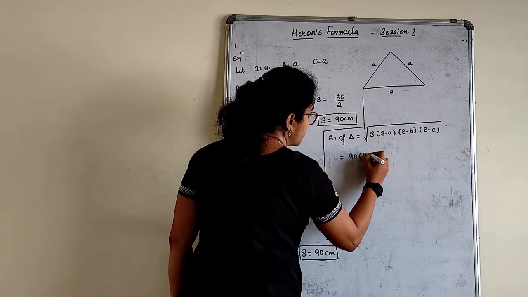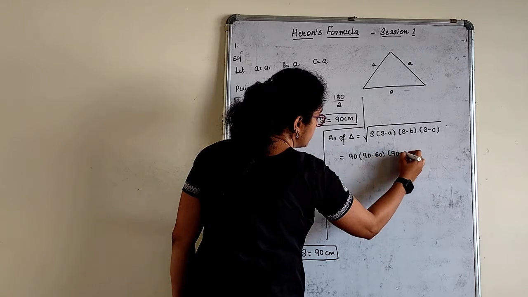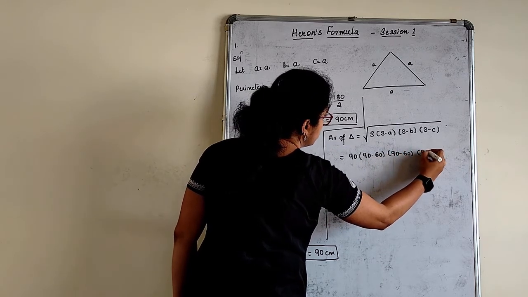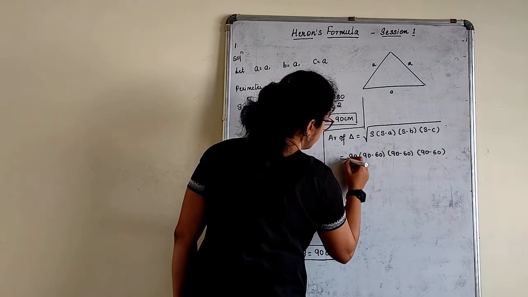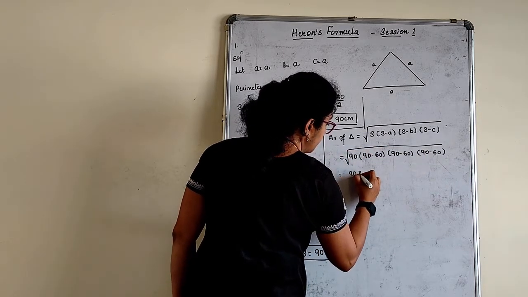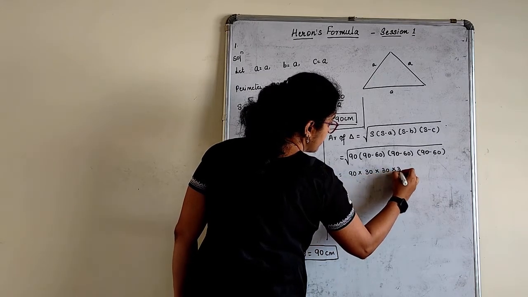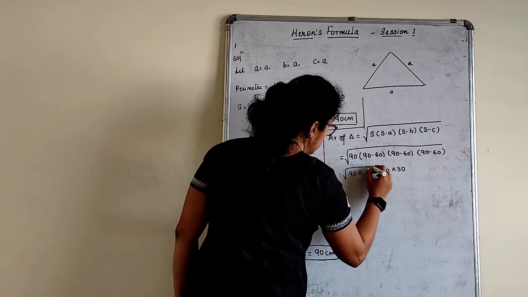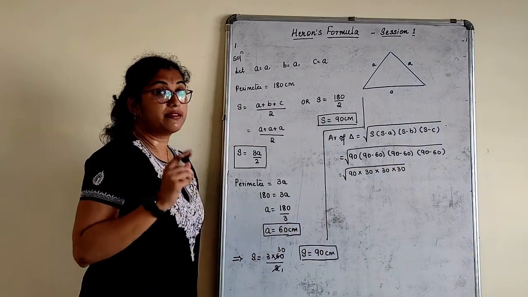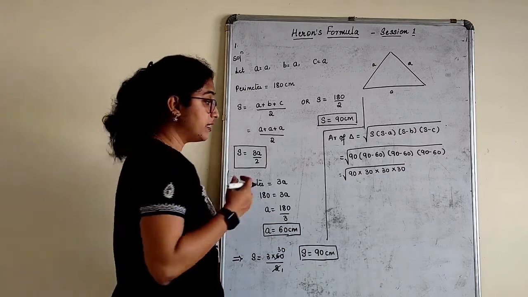Root of 90 into 90 minus 60, 90 minus 60, 90 minus 60. Root of 90 into 30, 30, 30. Don't sit and multiply everything. Make the things very simple and easy. If it is square root, things have to come out.